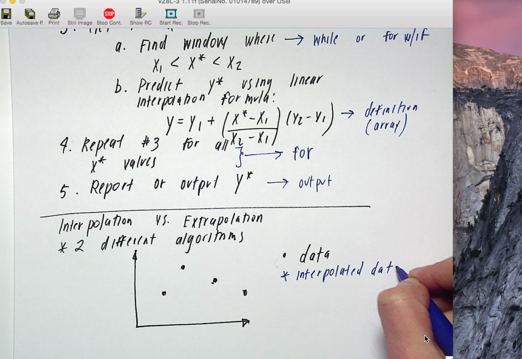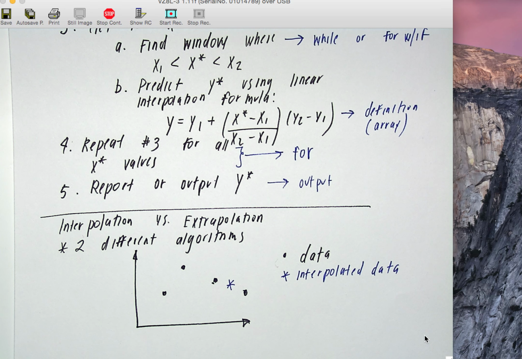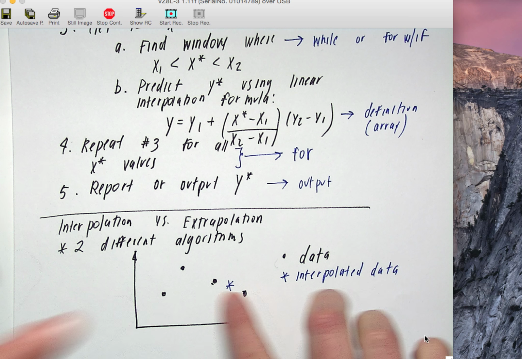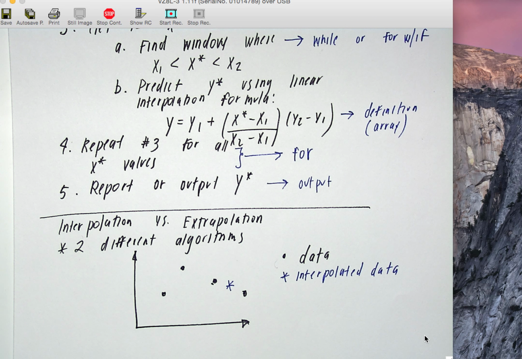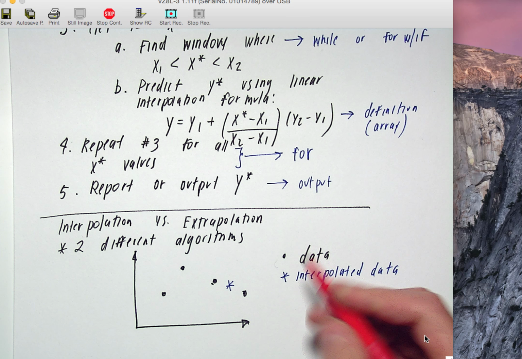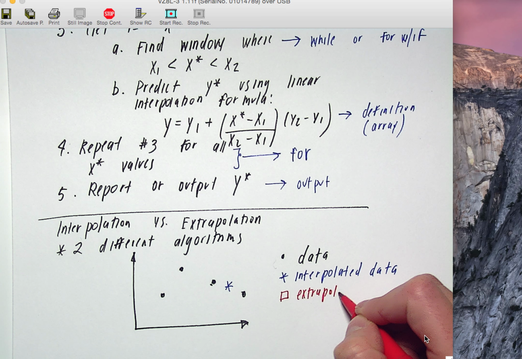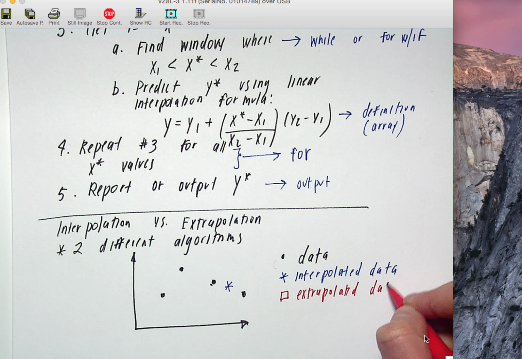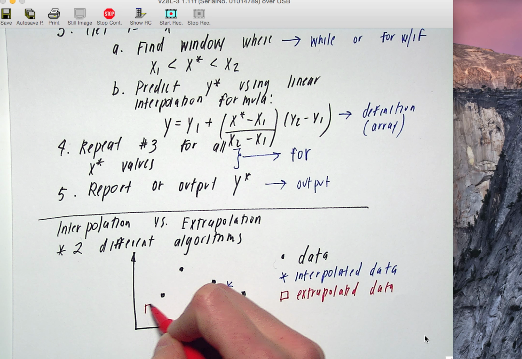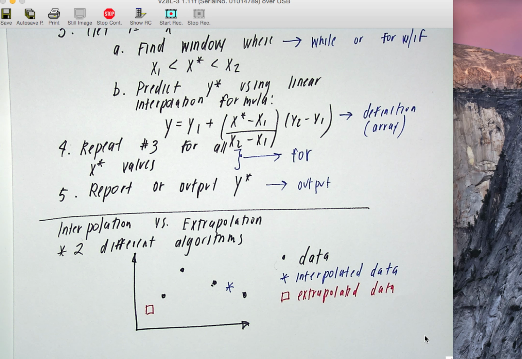Interpolated data means that the interpolated points won't be outside of your lower and upper bounds. And an extrapolated point would be a point that falls on either side of the bounds.